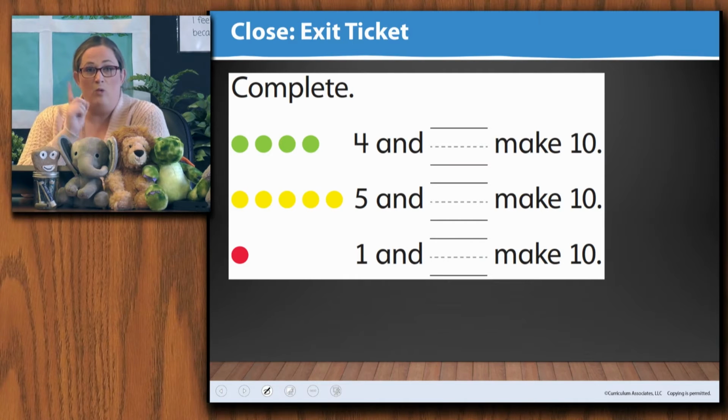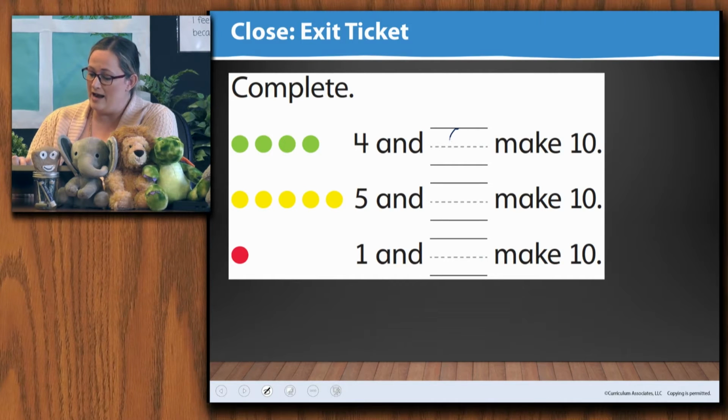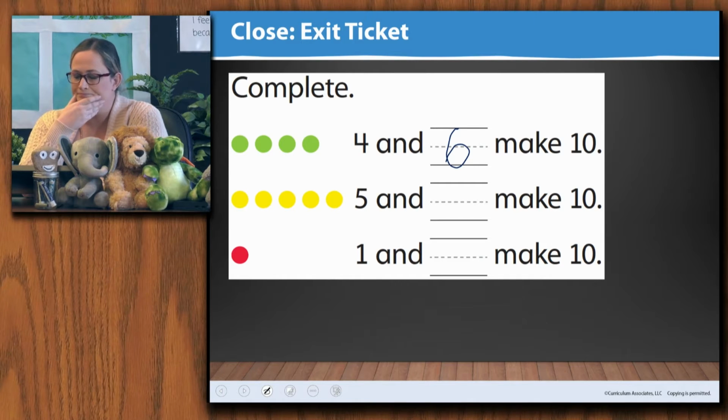They give us one partner, and we've got to find the other one. I wonder if you can remember from our counter cup game which partner went with 4 to make 10. Oh, do you remember? Yes, 4 and 6 make 10. Okay.